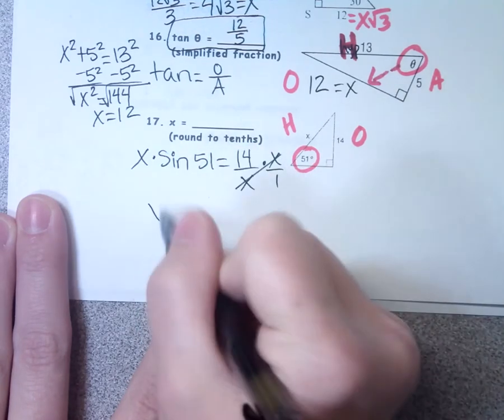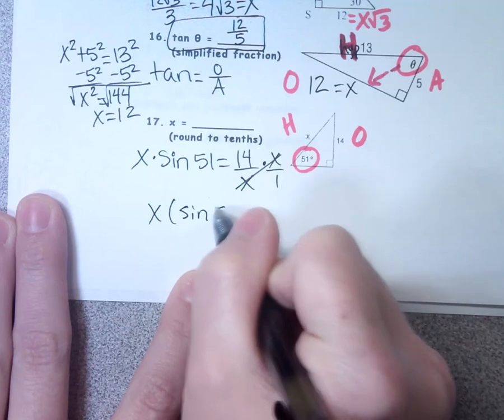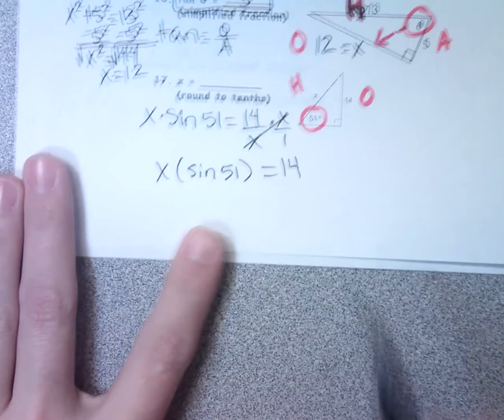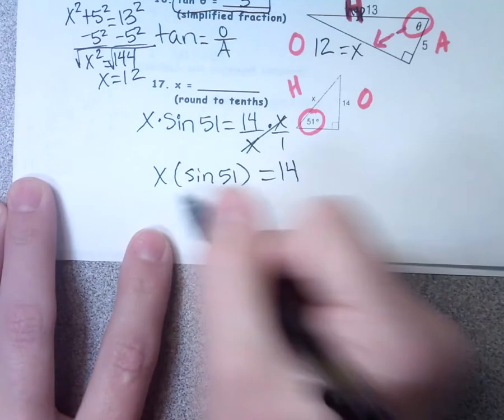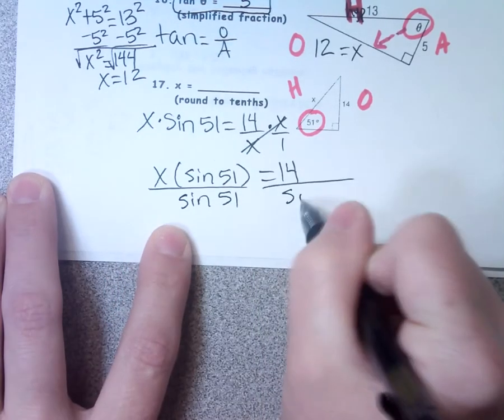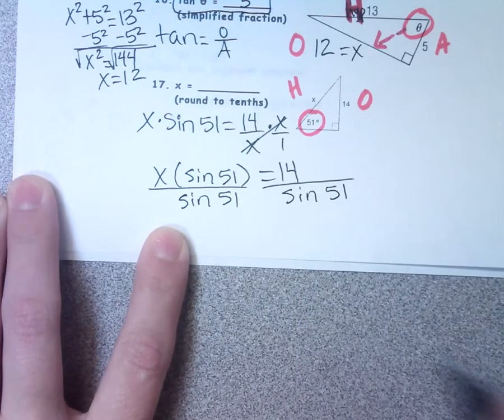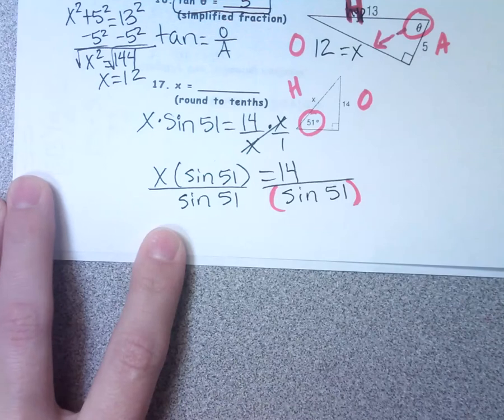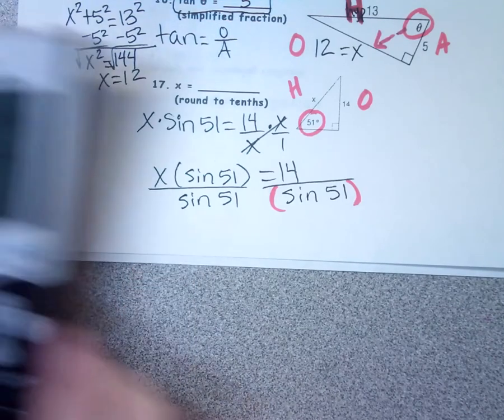When I do that, I'm left with x times sine of 51 equaling 14. I still don't have x by itself, so I have to get rid of my multiplication here by dividing. So I'm going to divide both sides by the sine of 51. And just for safe measure, I'm going to go ahead and put this in parentheses when I plug it in my calculator.